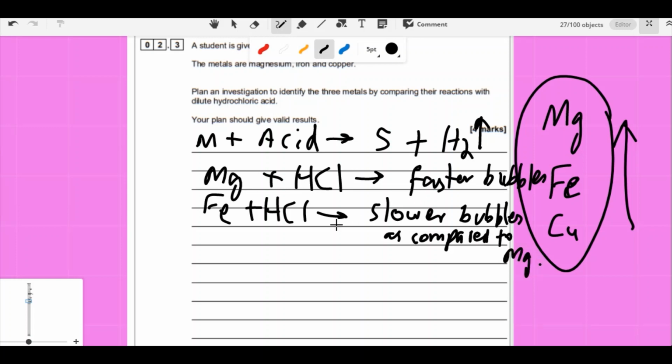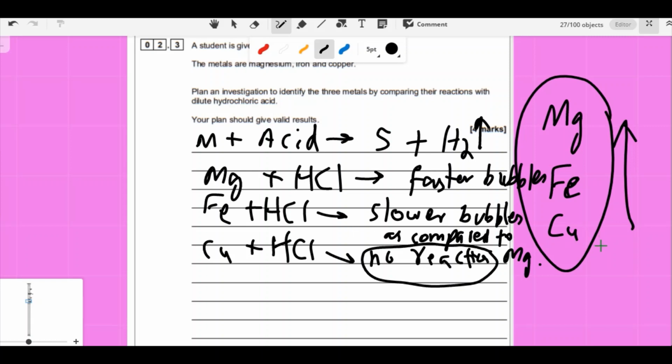Alright. Now the third case: when copper reacts with HCl, there is no reaction, because copper lies below hydrogen.